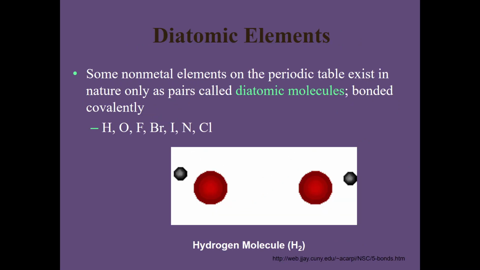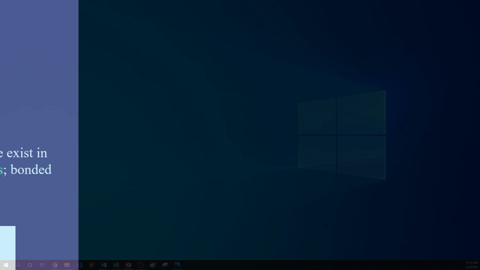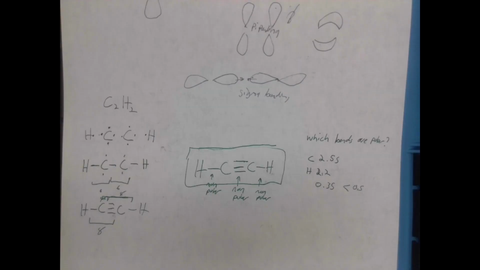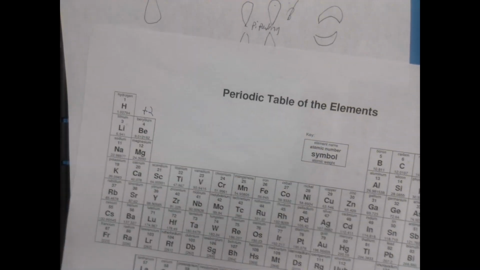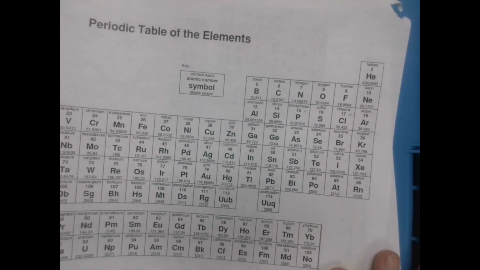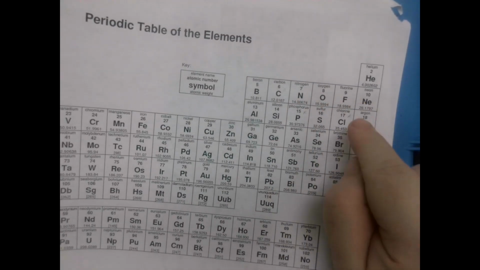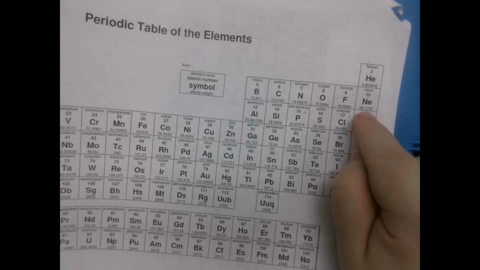So the diatomic elements, you have to remember where they're at on the periodic table. We've got hydrogen, and we're going to have nitrogen, oxygen, fluorine, chlorine, bromine, and iodine. This L shape.